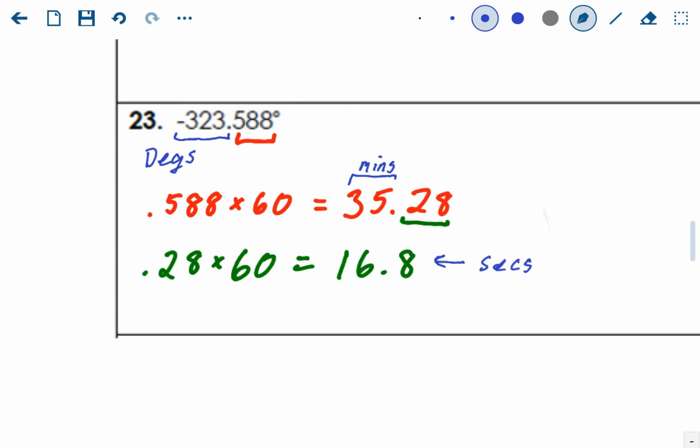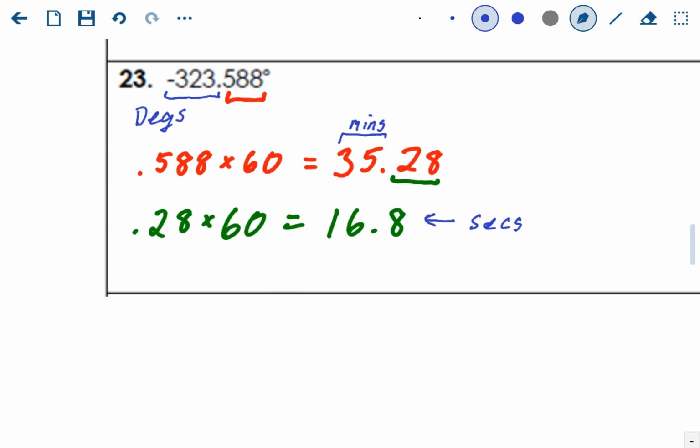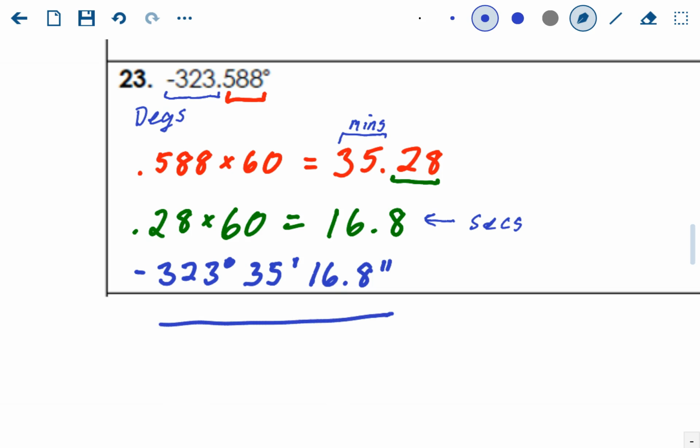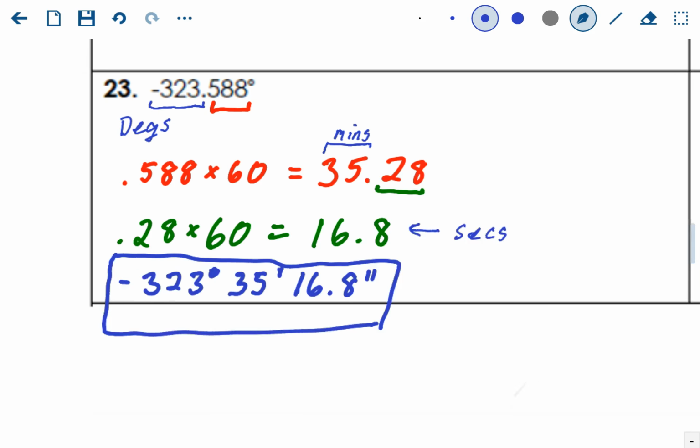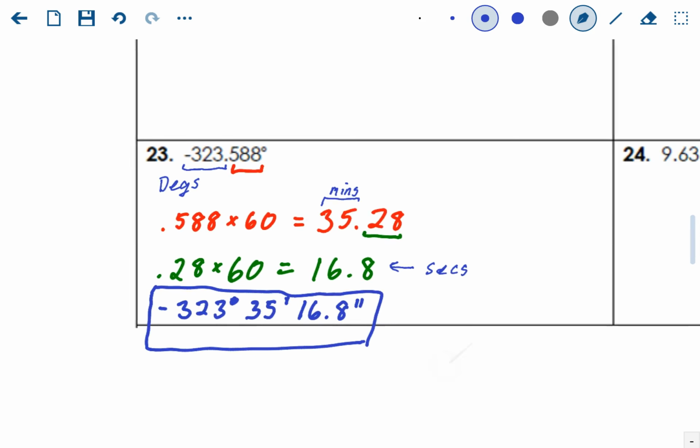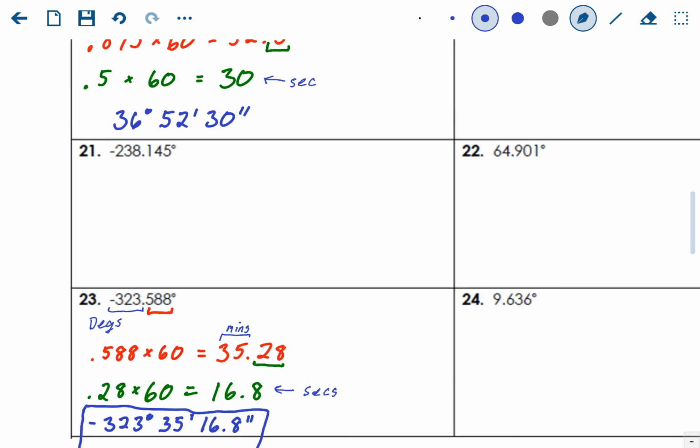So our answer for this one is going to be negative 323 degrees, 35 minutes, and then 16.8 seconds. All right, so that's converting to degrees, minutes, seconds.